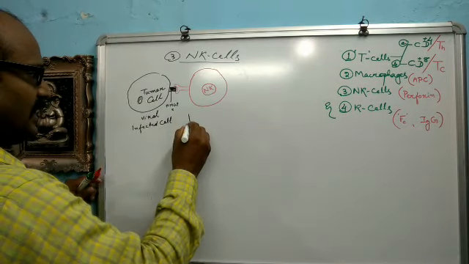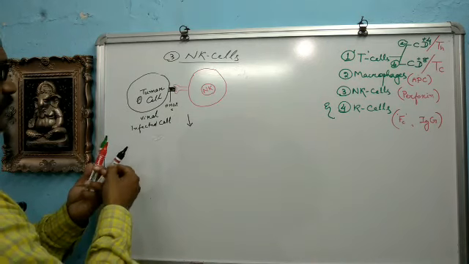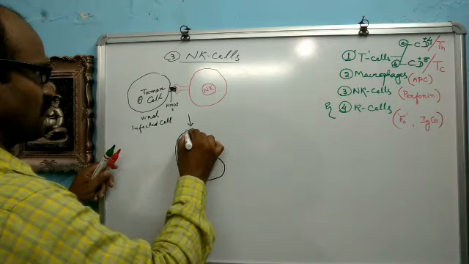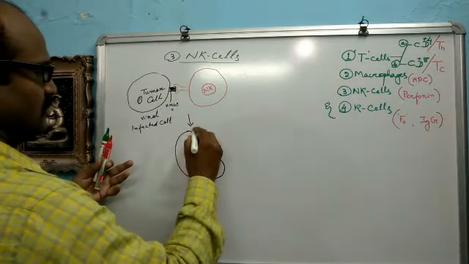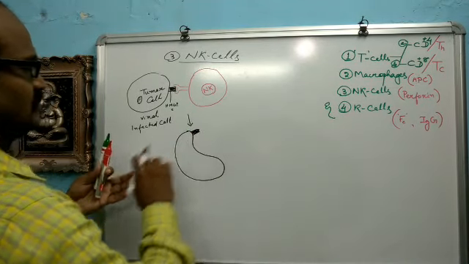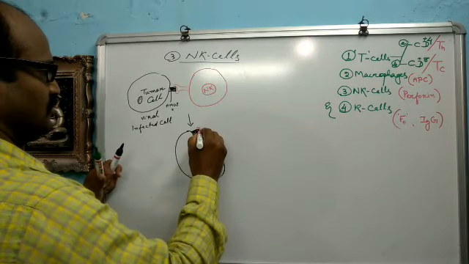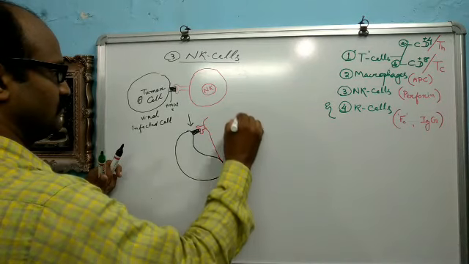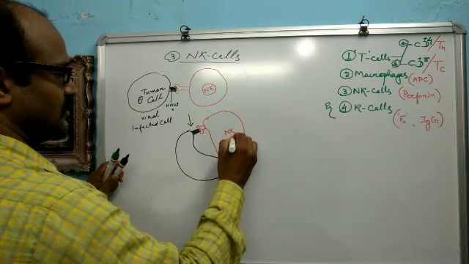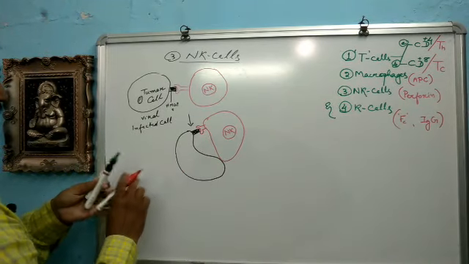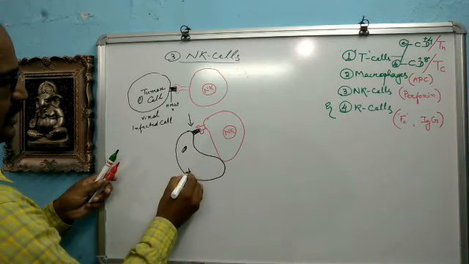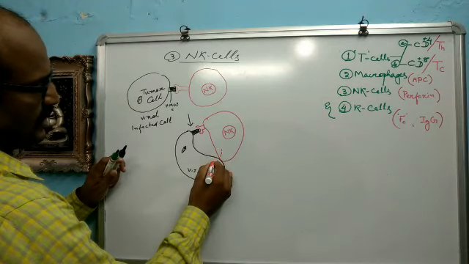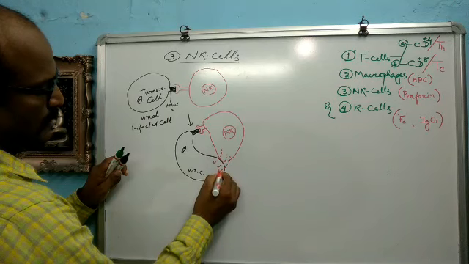Then the NK cell comes near to the viral infected cell or the tumor cells and touches them, and the NK cell secretes the chemical known as perforin.